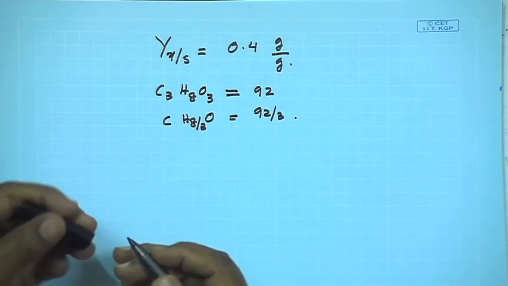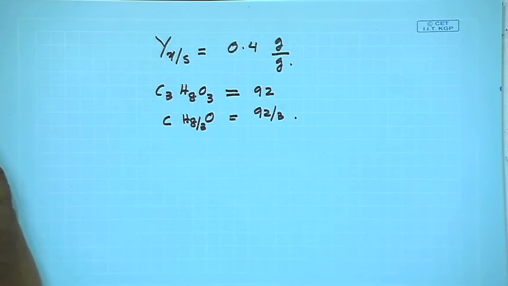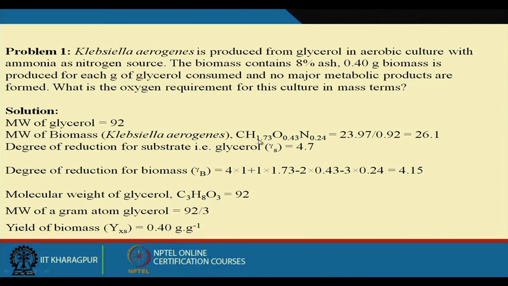Now the empirical formula of the Klebsiella is assumed to be CH1.7 O0.43, and the molecular weight comes to 23.997.